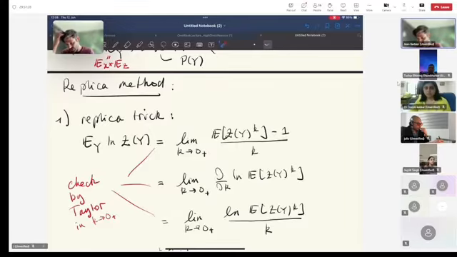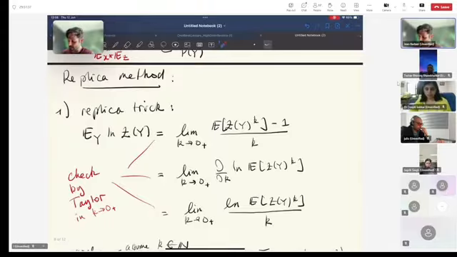So the way to get rid of this log is to use the replica trick. By Taylor expansion, you can convert the problem of computing this log moment into computing a normal moment, but at the price of making sense of the zeroth moment of this random function.